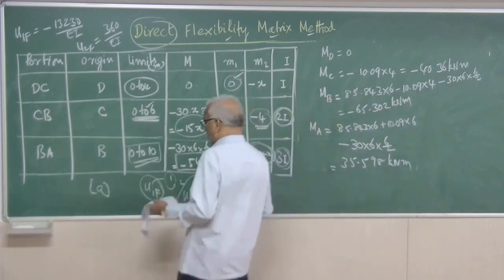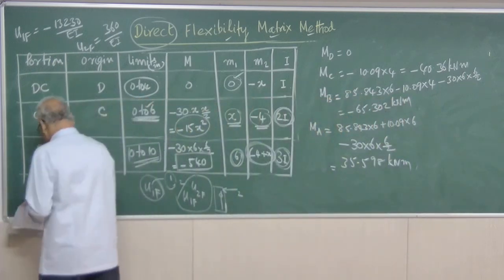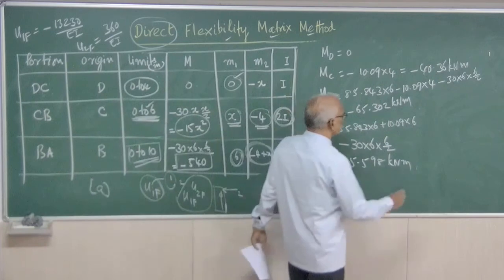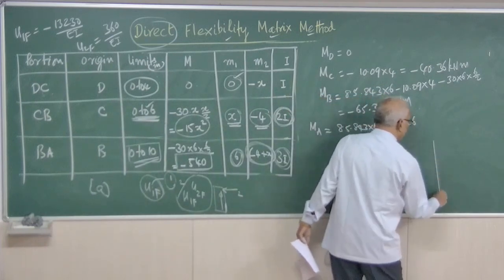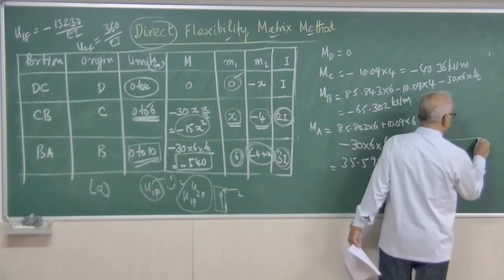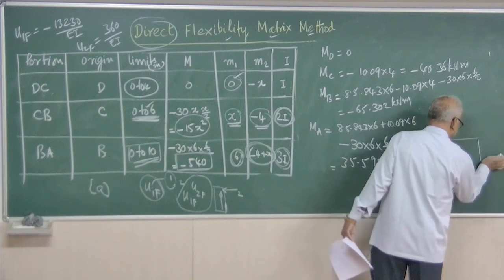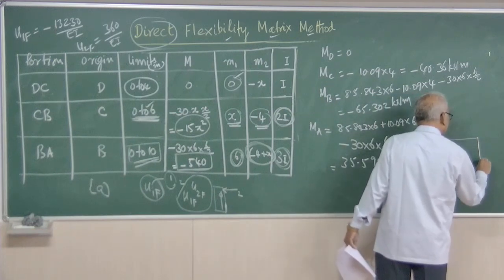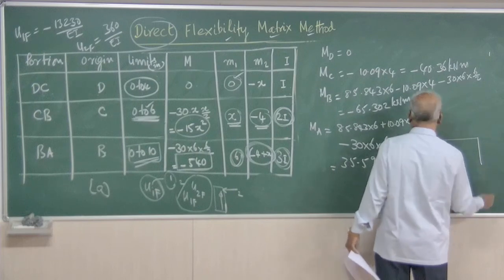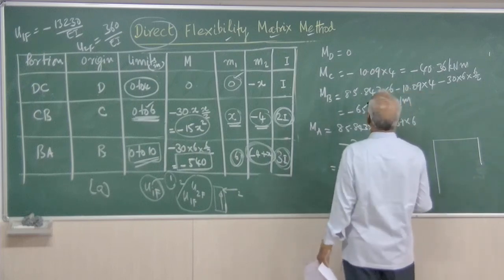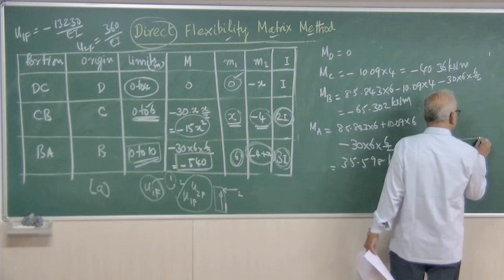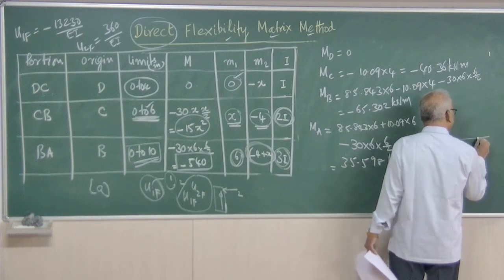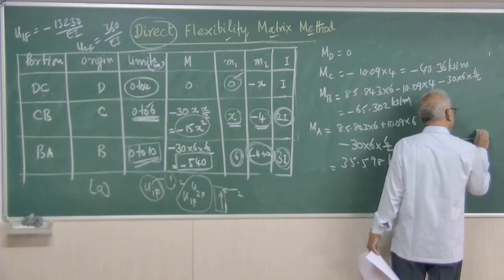Now we can draw the bending moment diagram. This is the frame. Here the moment is 0 and at C it is minus, so it will cause tension outside. If it is a beam, tension on the top.